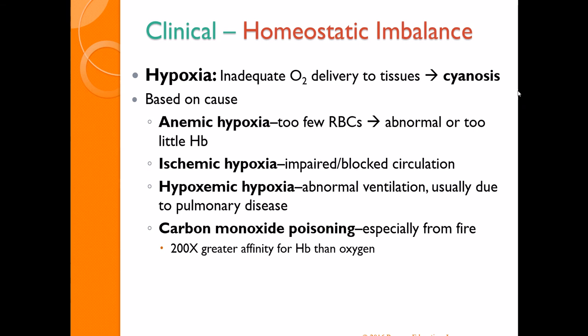So say you had arterial sclerosis or something in one of your arteries. If that tissue served by the artery didn't get enough oxygen, that would be a type of ischemic hypoxia. Hypoxemic hypoxia is usually due to a pulmonary disease. So you're not getting enough oxygen because you've got something wrong with your ventilation system.